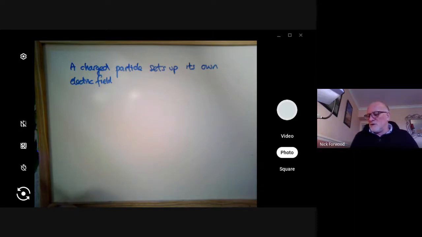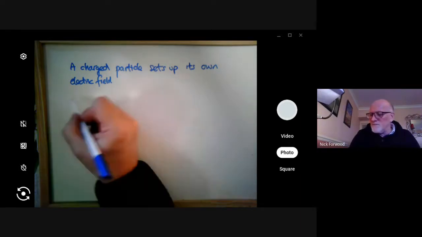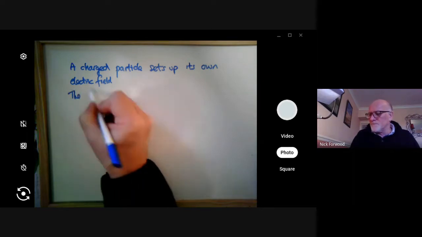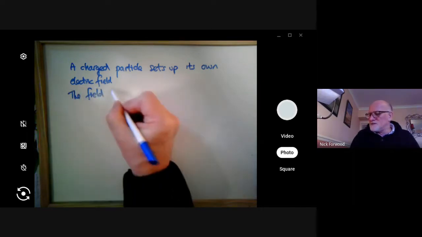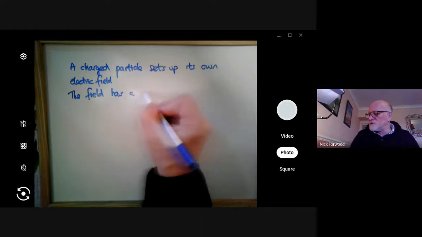An object that doesn't have a charge does not set up its own electric field. So a charged particle sets up its own electric field, and the field has a direction.